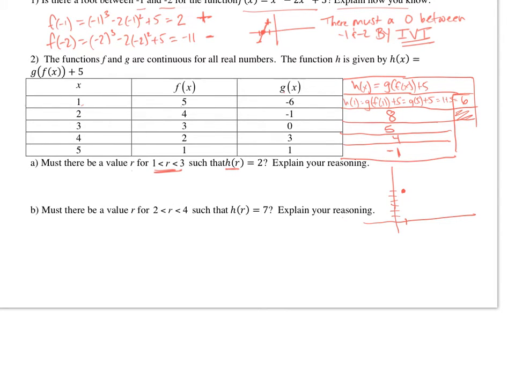If x is 2, h of x is 8. And when x is 3, h of x is back down to 5 right there.